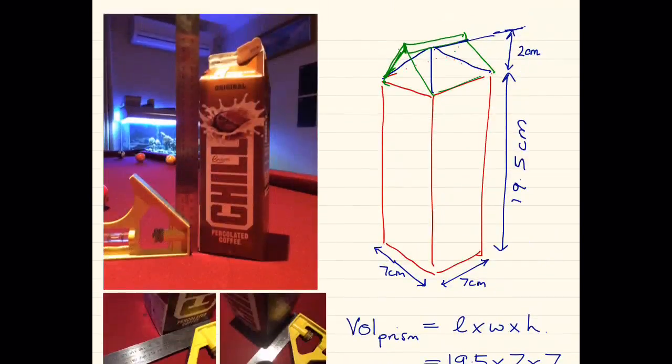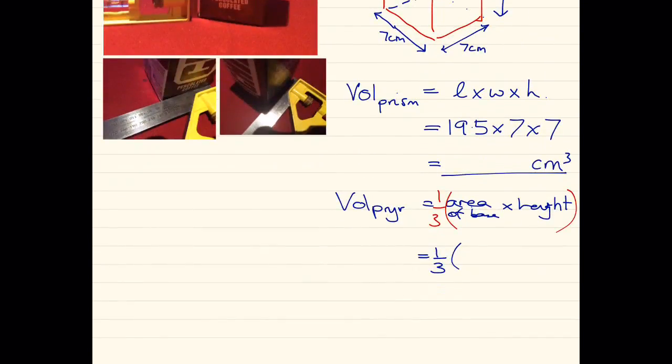Now the area of the base of a square-based pyramid here is a square. And that square is the same square that we find on the bottom of our carton. Okay, and the dimensions of that square are 7 by 7.